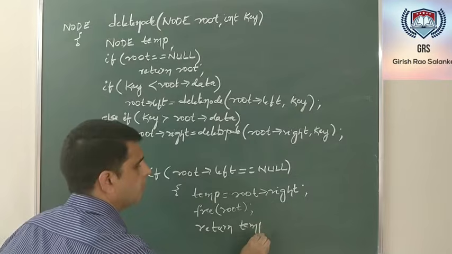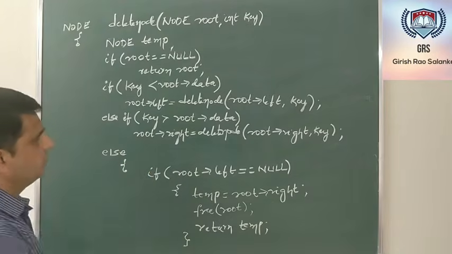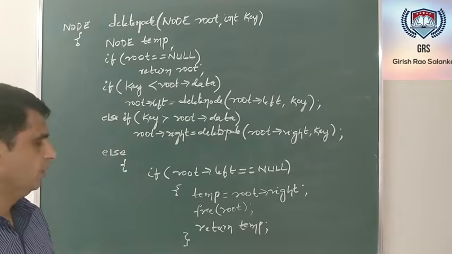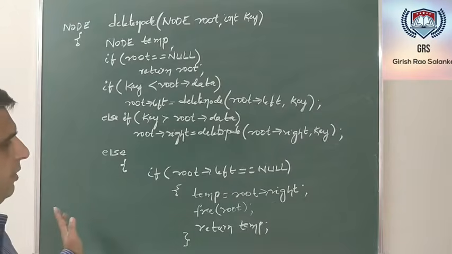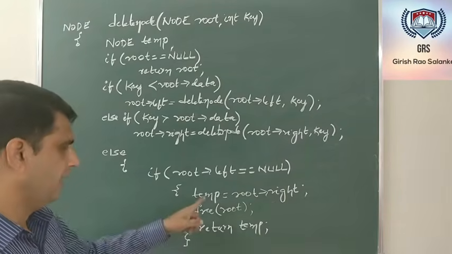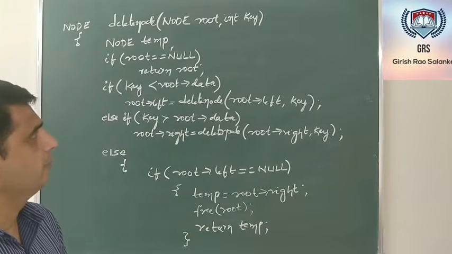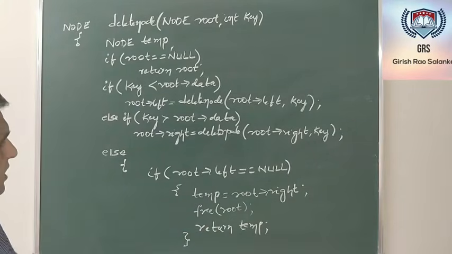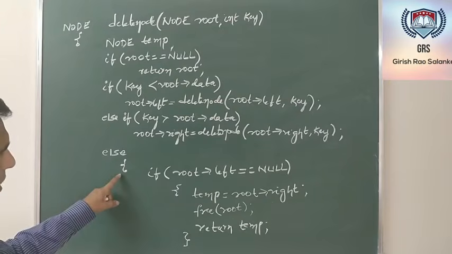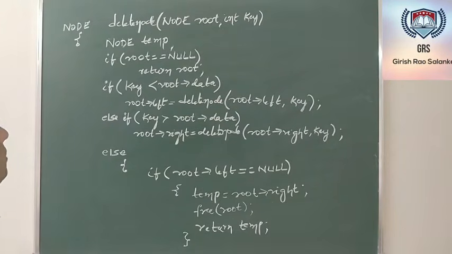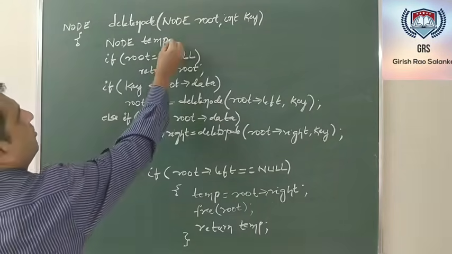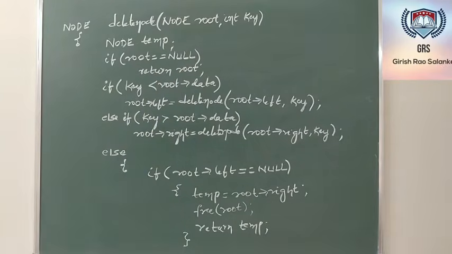Return temp. This is what we have done in case 2. If there was no left subtree, temp is equal to root of right, and then I am deleting root, then return temp. Put a semicolon after temp.